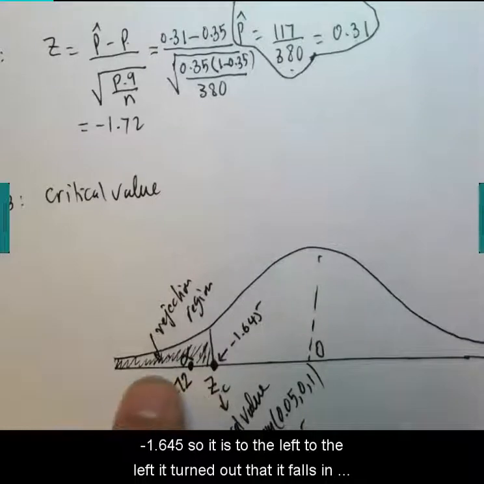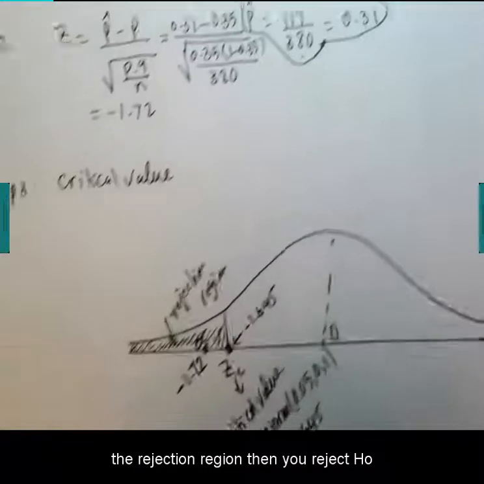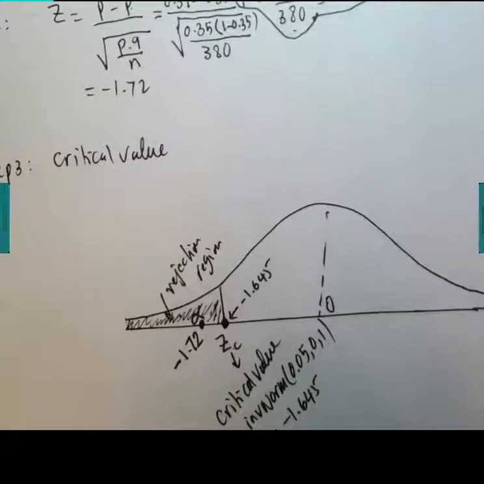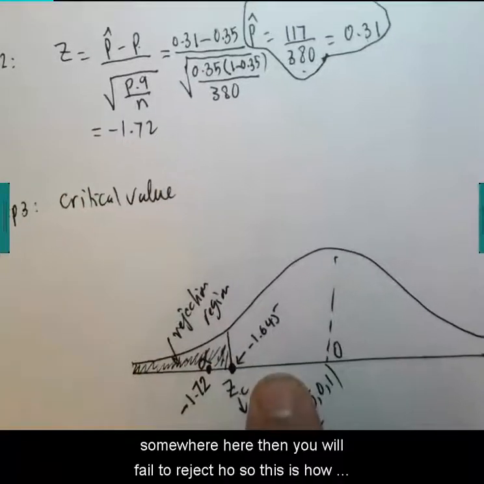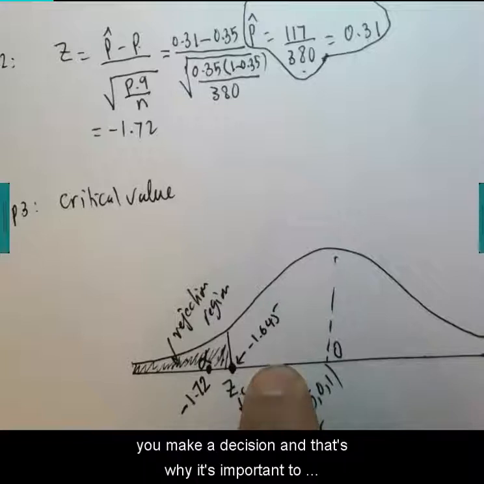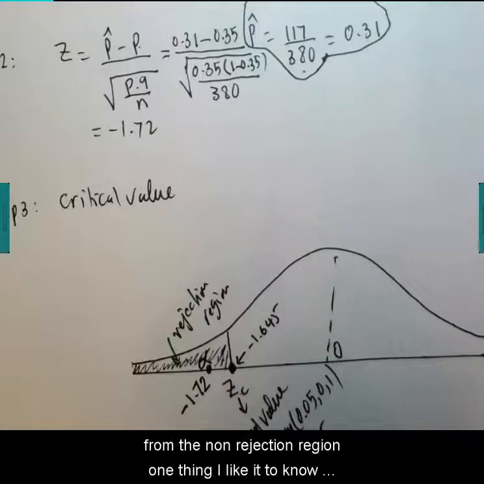Since it is to the left, it falls in the rejection region, so then you reject H0. Let's suppose this value was negative 1.23. It will be somewhere here, then you will fail to reject H0. So this is how you make a decision, and that's why it's important to find the critical value, which splits up the rejection region from the non-rejection region.